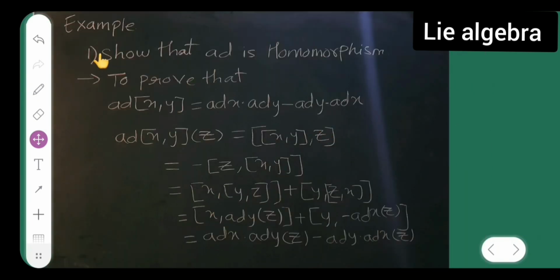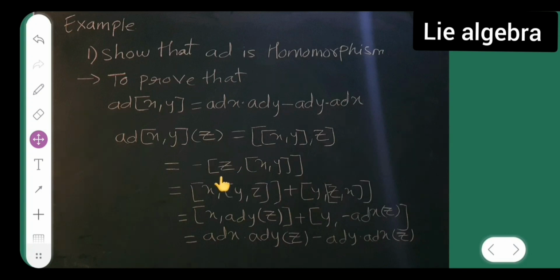Now this is the example where I have to show that my ad is a homomorphism. Okay, now to prove that, take ad of the bracket of x comma y is equal to ad of x into ad of y minus ad of y into ad of x. So first I'll apply this to z, which is equal to the Lie bracket of the bracket of x comma y, comma z.